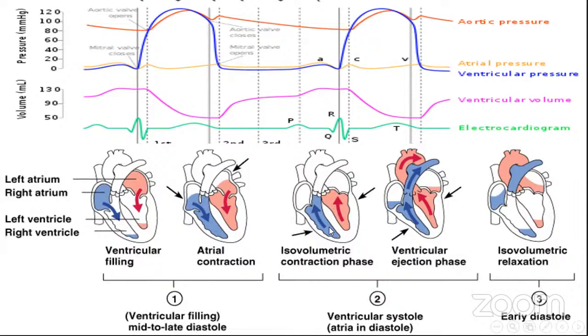Coming to this stage, the start of ventricular systole, whenever the ventricular pressure overcomes the atrial pressure, it closes the AV valves. And for a brief period of time, all the valves are closed during this phase of isovolumetric ventricular contraction.